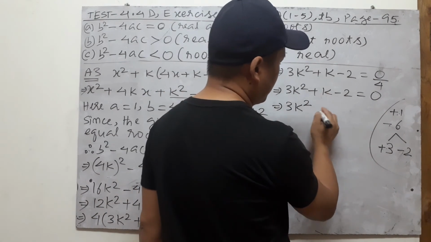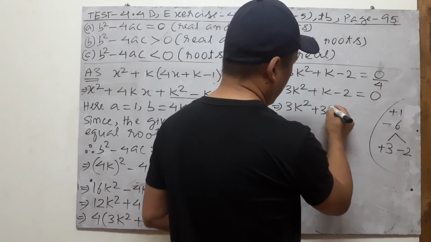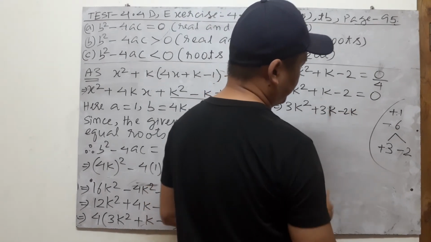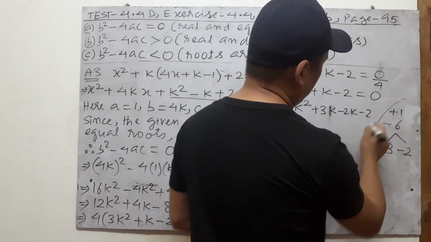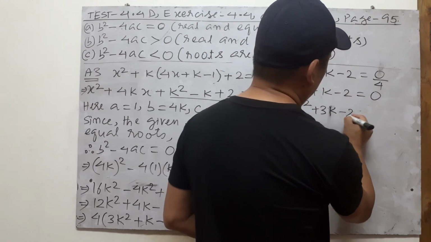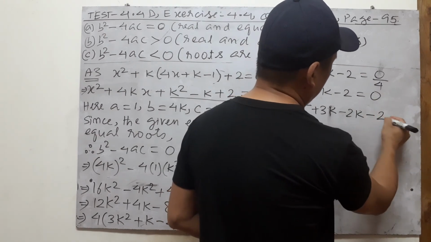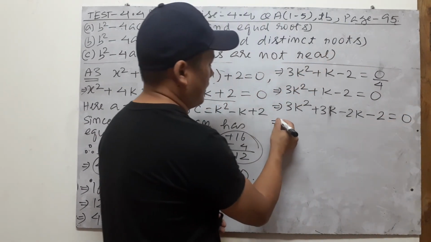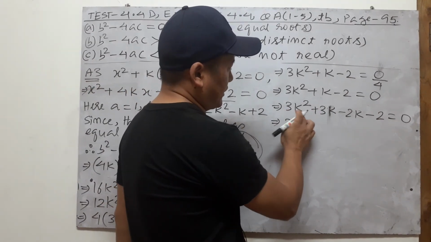3k square, the middle term k can be split into 3k minus 2k. So 3k square plus 3k minus 2k minus 2, equal to 0. This will be plus 1k. And this one minus 2 equal to 0. So we take the first two terms, 3 and 3 highest common factor, and k square and k means k.